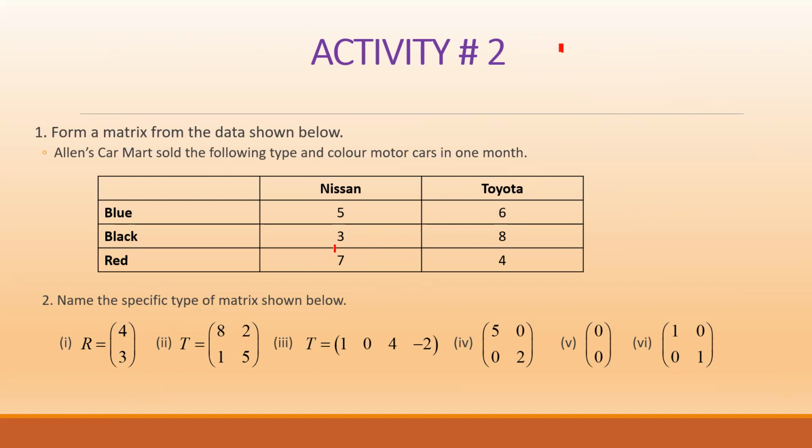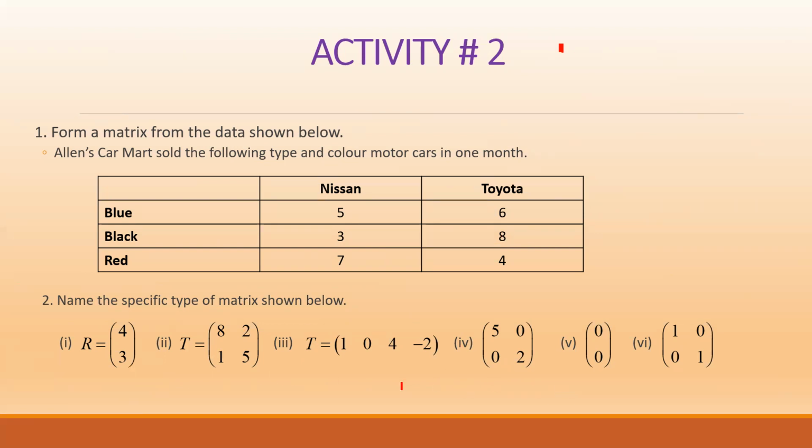So the elements must be arranged in the same way for your answer. For example 2, name the specific type of matrix shown. All you're going to do is look at these matrices, guys, and tell which one is a square, a row matrix, a diagonal matrix, an identity matrix for multiplication or an identity matrix for addition, whatever. Just look at them and tell what type of matrix they are.